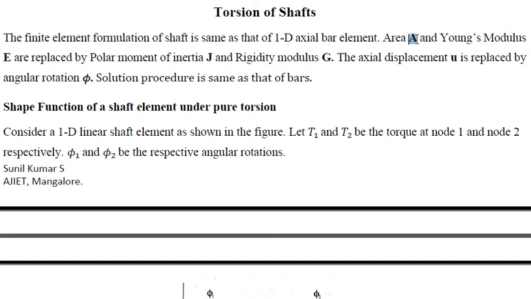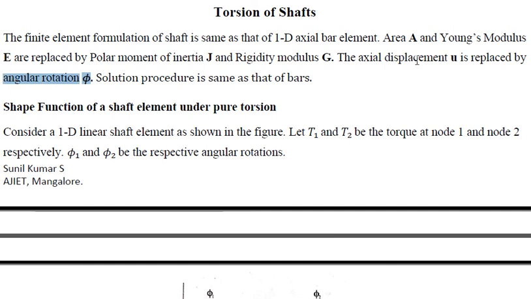Here, area A in bar is replaced by polar moment of inertia J in torsional members. And Young's modulus E, which we consider in bar, is replaced by modulus of rigidity G, and the displacement U is replaced by angular rotation phi.